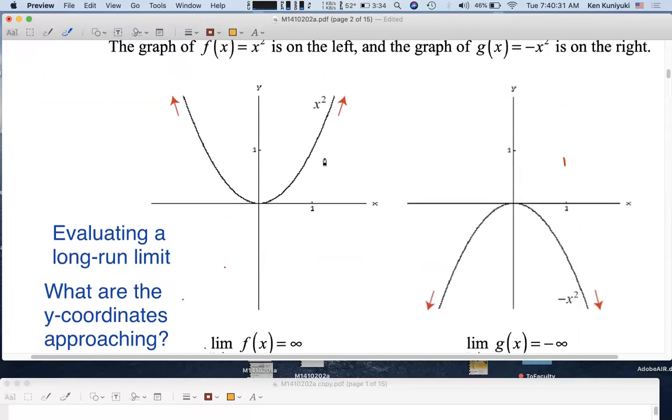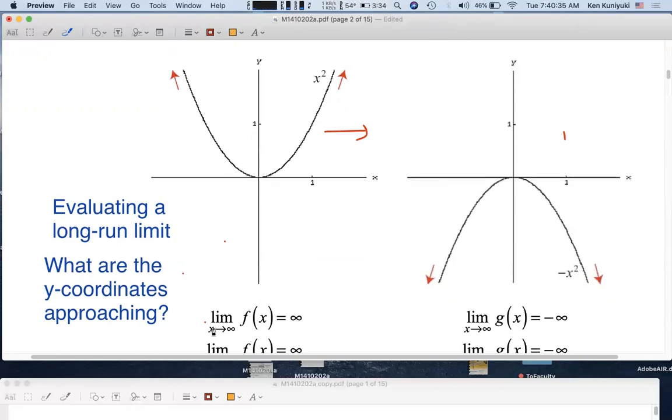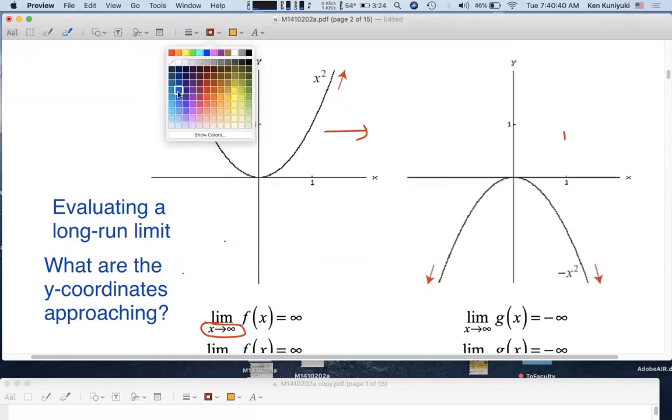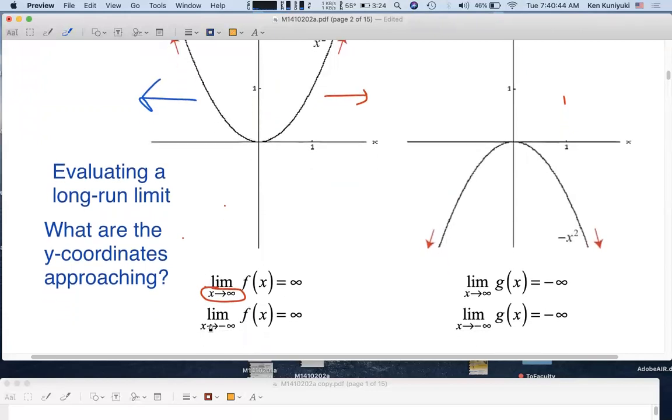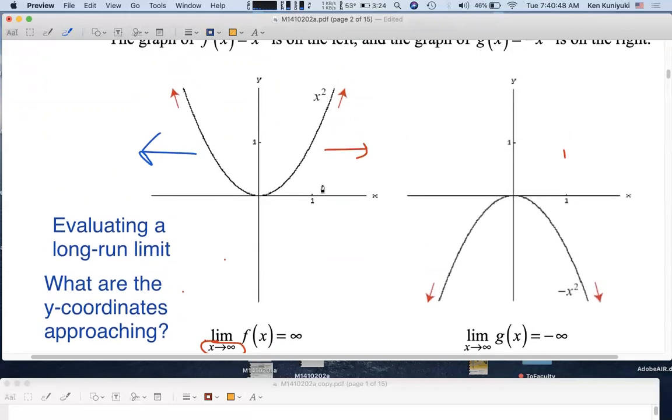That is, as we look towards the right forever and ever, in the case where x is approaching infinity, or in the case where we look left forever and ever, as x approaches negative infinity. We're asking, what is the y coordinate approaching in the long run as we look off to the right and as we look off to the left? These are what I call long run limits.